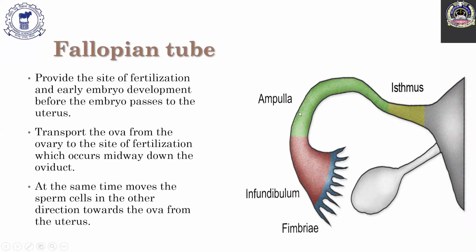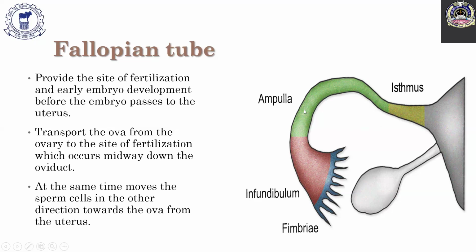This fallopian tube provides the site of fertilization and early embryo development before the embryo passes to the uterus. It helps in transporting ova from the ovary to the site of fertilization, which occurs midway down the oviduct.